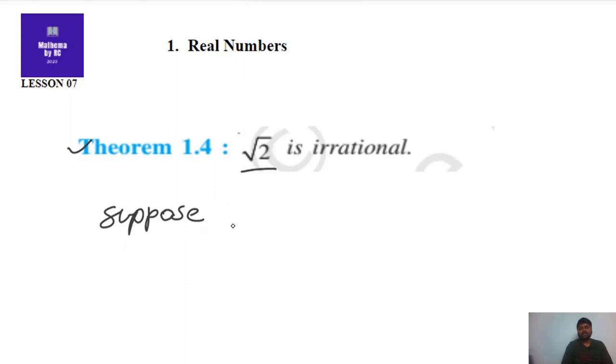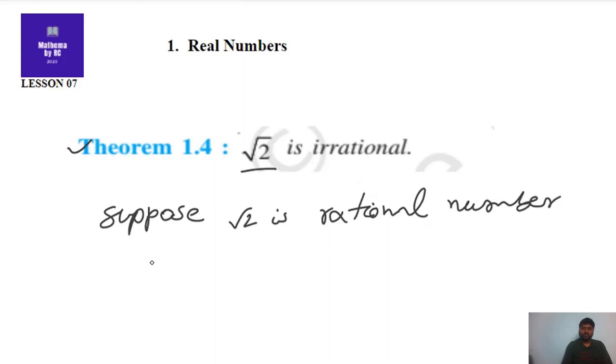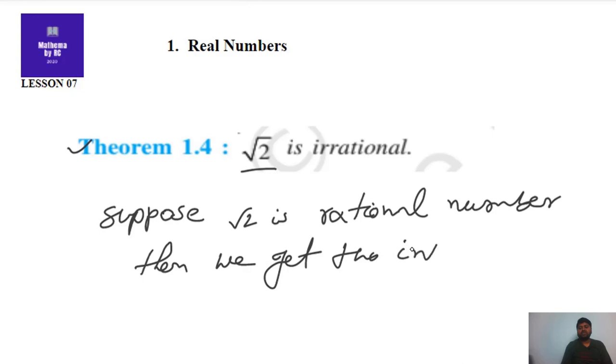Okay. Suppose root 2 is rational. Then we get two integers, suppose s and r, not equal to 0, and we get root 2 equal to s by r.